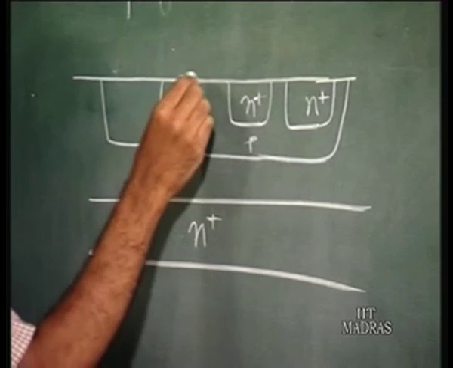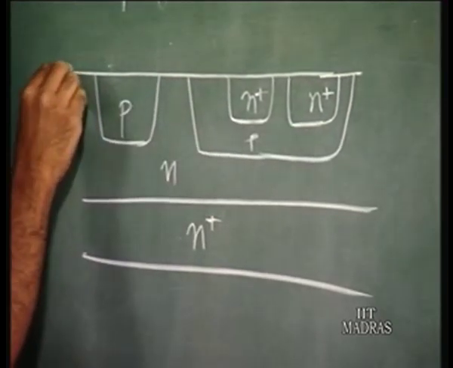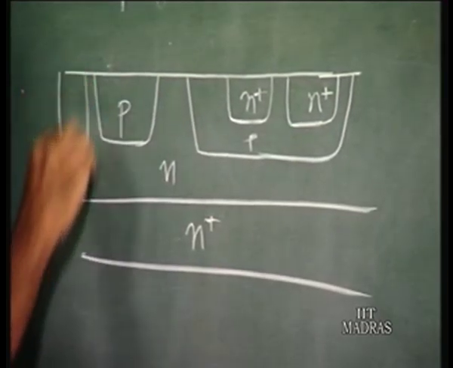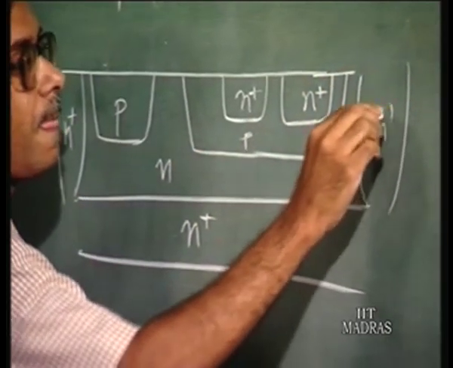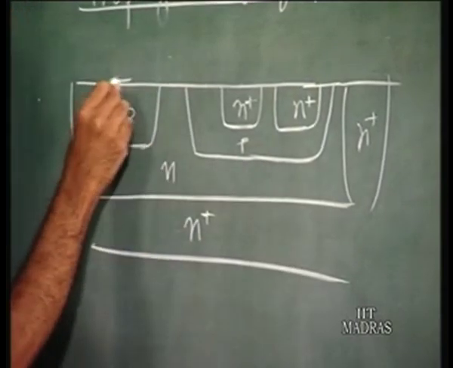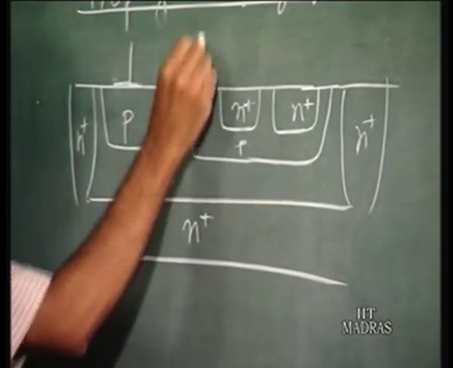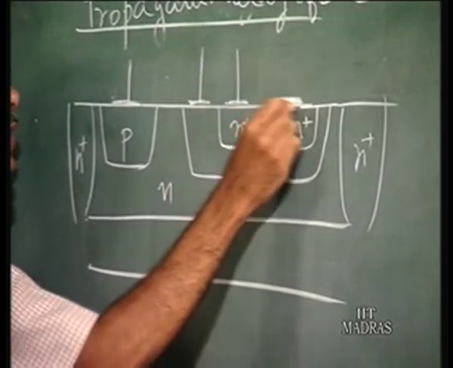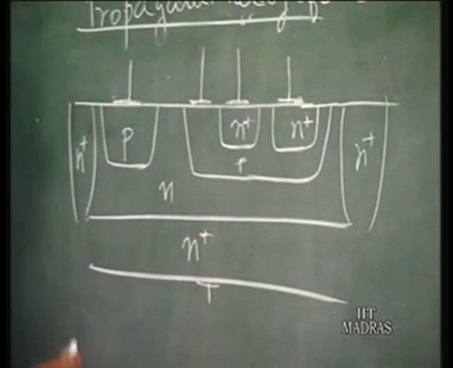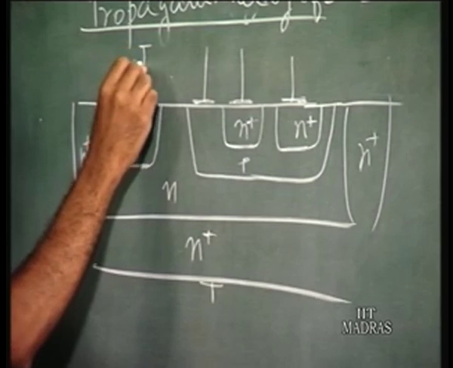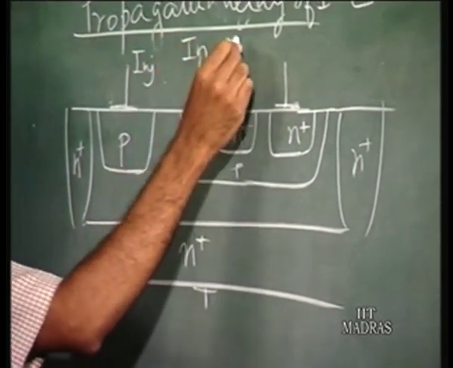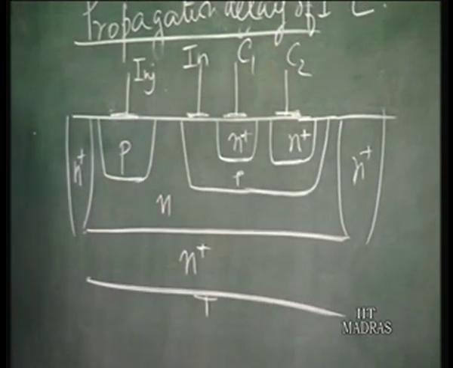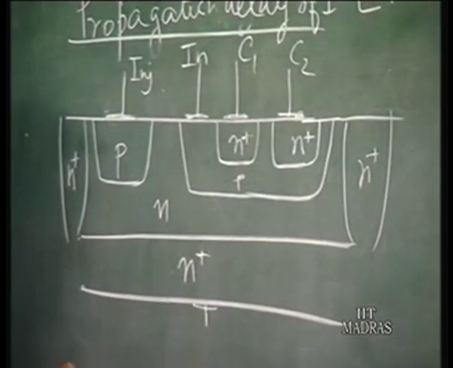This is the base, this is the injector, and then you have the N plus guard ring. So, you have the injector contact, the base contact, the collector contact, and then you have the emitter contact from below. So, injector input, collector 1, say collector 2. This is the well known structure which we have been discussing.